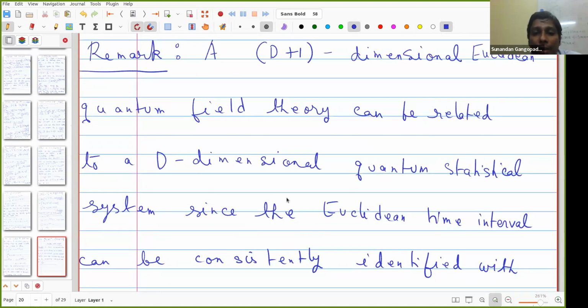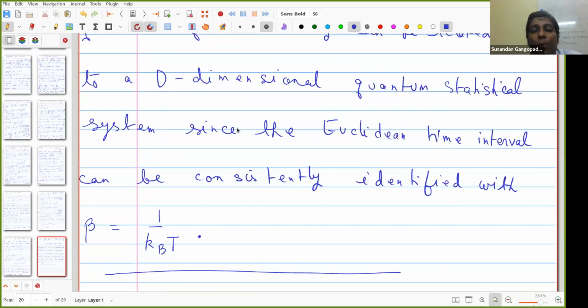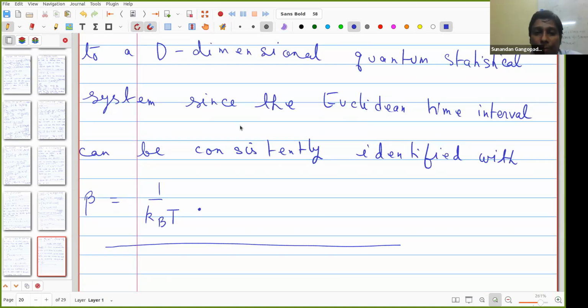Because what has happened is the following: quantum mechanics is 0 plus 1 dimensional, so d is 0, and when you analytically continue the time to the imaginary time, when you do this imaginary time formalism, the time gets identified to the temperature, and therefore the time coordinate is no longer there. So there is no coordinate involved, and therefore a 0 plus 1 dimensional quantum mechanics thing gets identified to a 0-dimensional statistical mechanics problem.